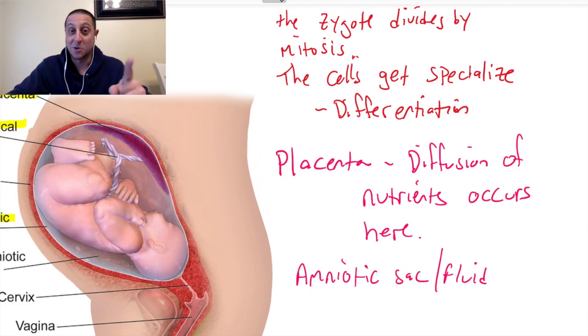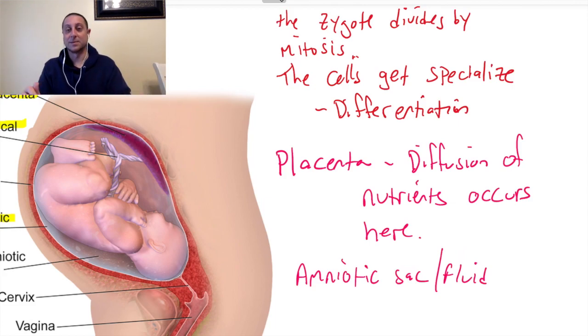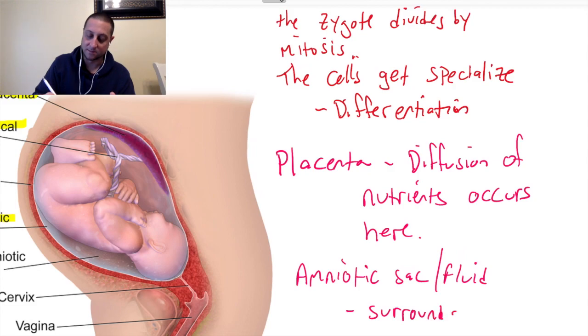A good video is Coneheads, and when the mother breaks the water, it's comical. It's not real. It's very comical. That's the amniotic fluid, all right, and that surrounds the baby, the fetus, and that gives protection. Surrounds and protects the fetus.